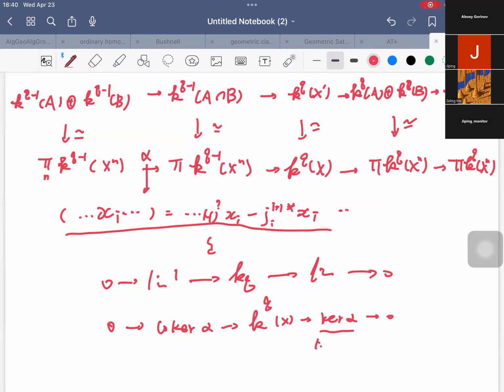It's the inverse limit. And the co-kernel is co-kernel lim 1.